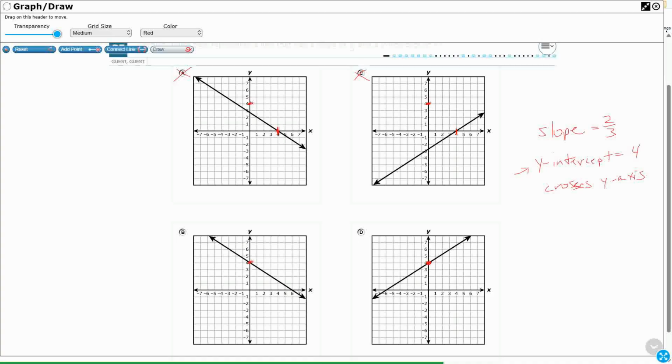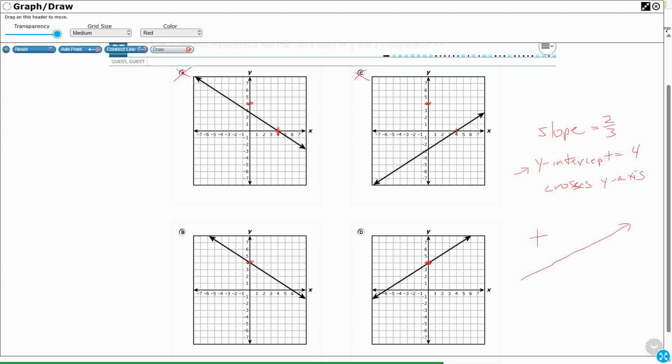Now, when we're looking at our slope, sometimes we can just use positive or negative to let us know, and in this way we can. Sometimes we actually have to do a little bit of calculation, so I'll show you how that works as well. A positive slope will move up. It might be steep, it might be shallow, but moving from left to right, a positive slope will move up.